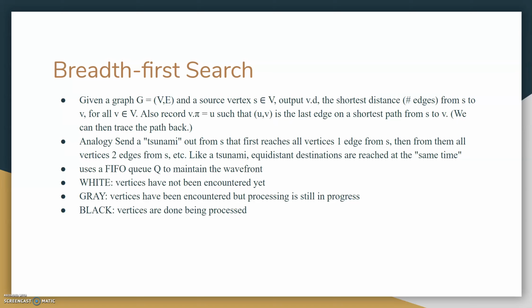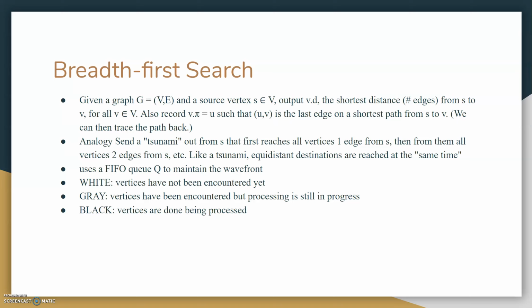The analogy is a tsunami going out from S that first reaches all vertices with just one edge from S, and then from them all vertices two edges from S, and so on. Some can be reached at the same time, some will be reached later.